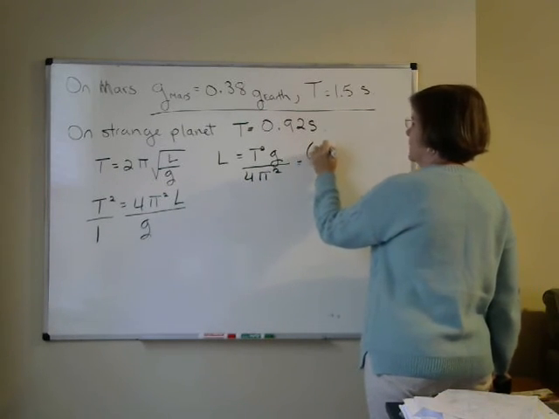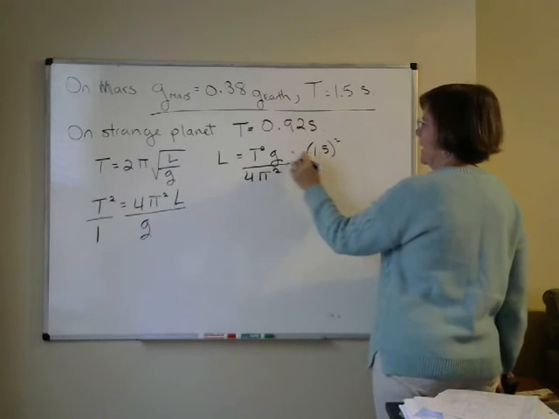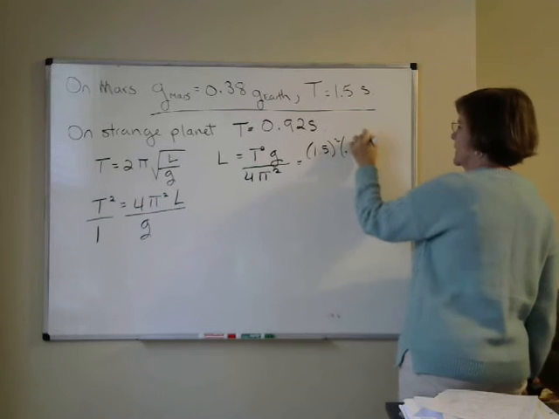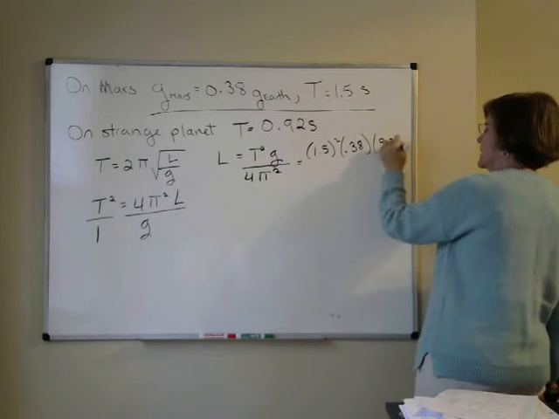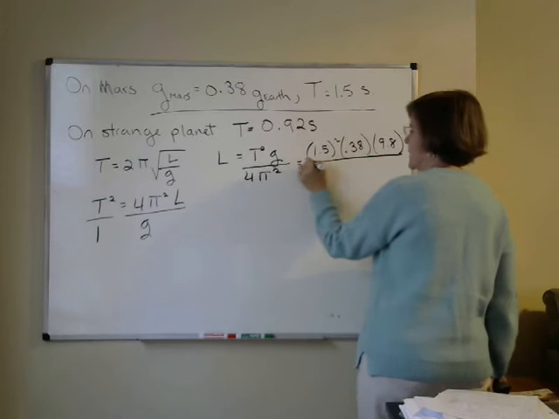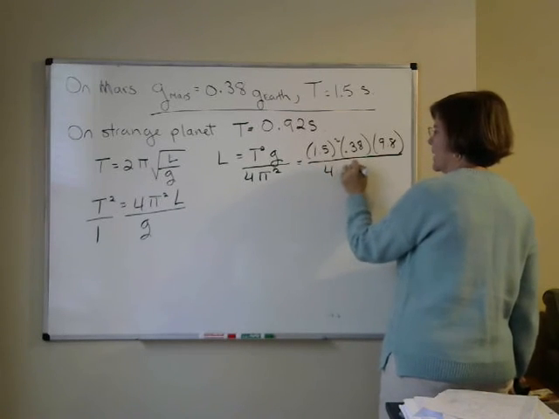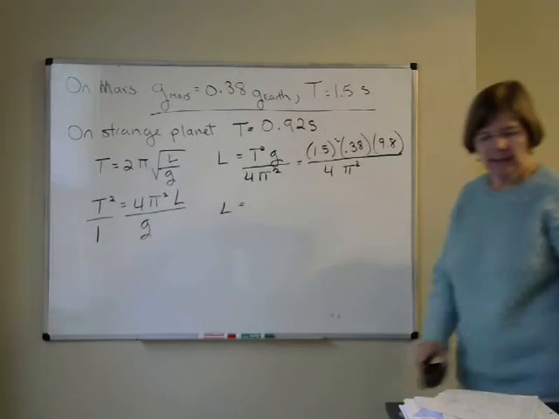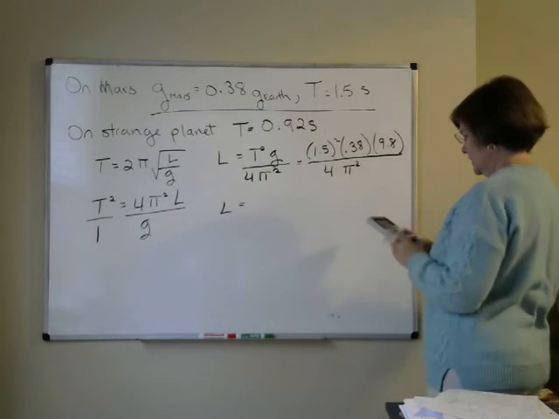So 1.5 squared. If I'm on Mars, it's 0.38 times 9.8 over 4 pi squared. So I can solve for the length of his string.